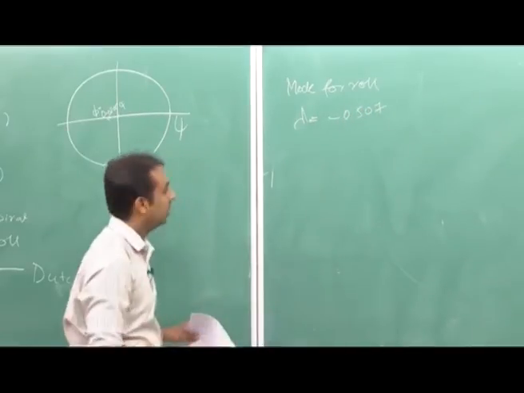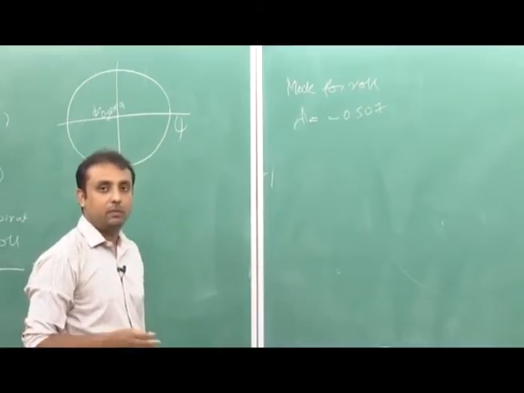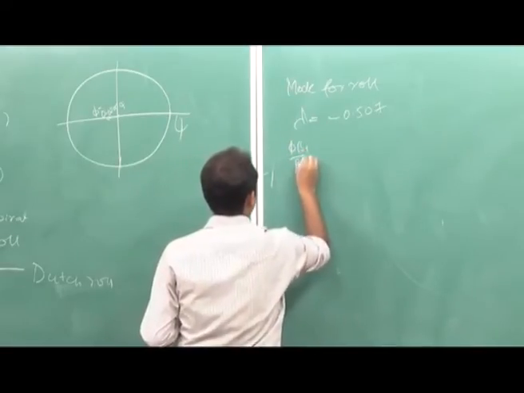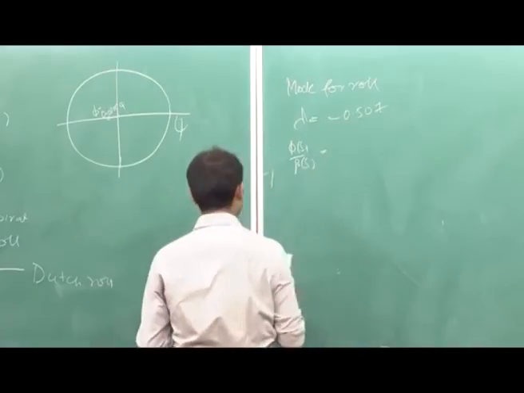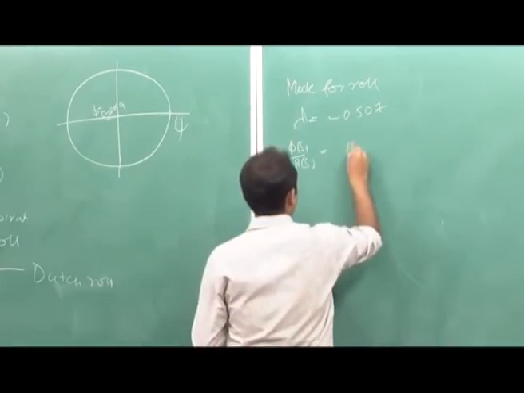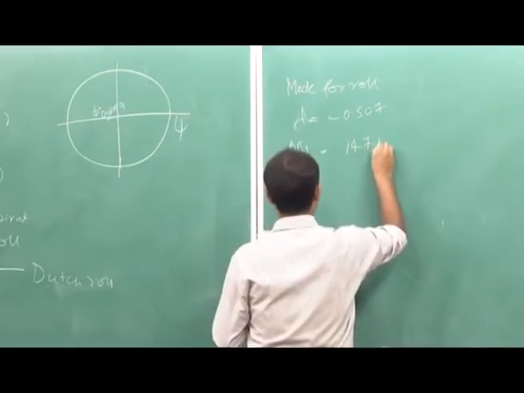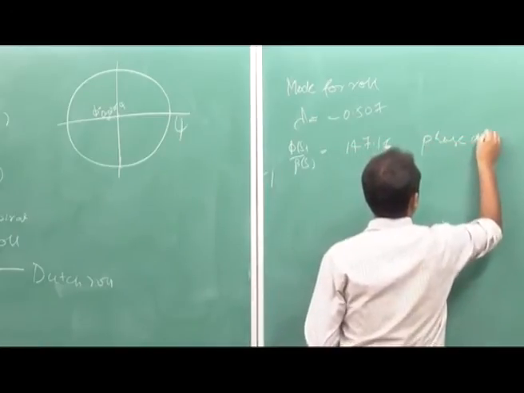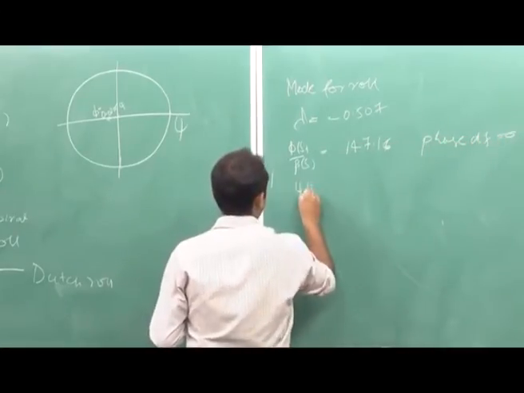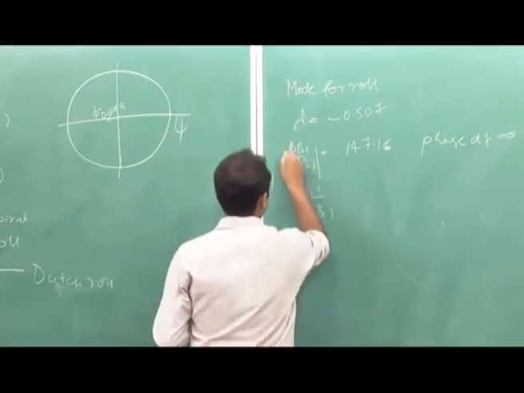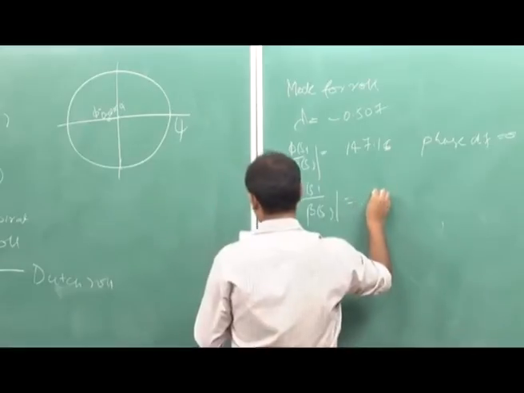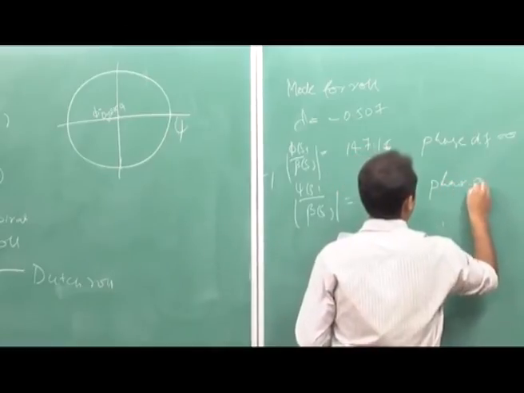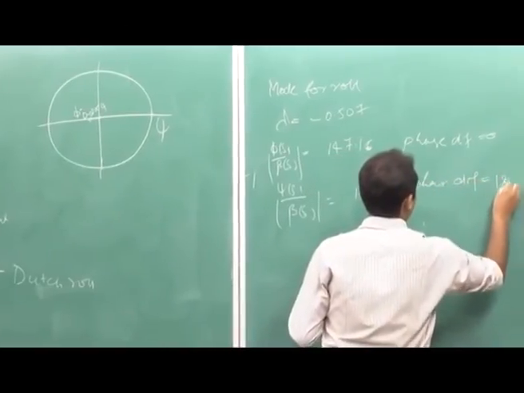Now when substituting this value in the ratios of phi upon beta(s) and psi upon beta(s), you will get phi(s) upon beta(s) as 147.16 with phase difference 0, and psi(s) upon beta(s), magnitude of this will be 12.98 with phase difference of 180 degree.